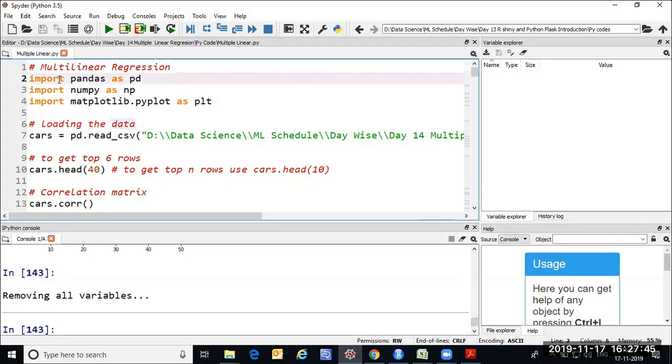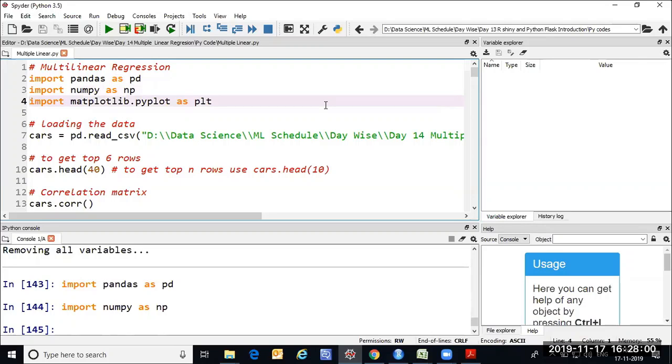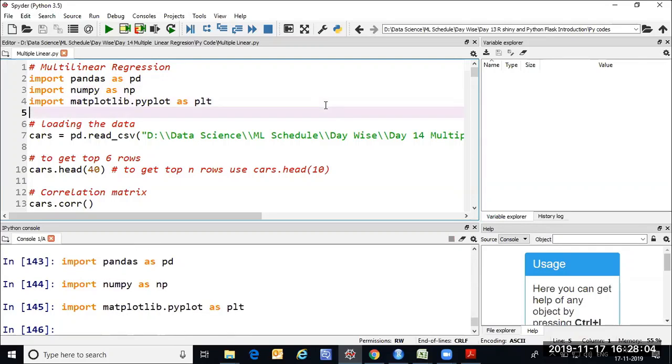Pandas, of course, to load the data, manipulate it, and perform various operations on it. NumPy for basic arithmetic operations, Matplotlib for basic visualizations.